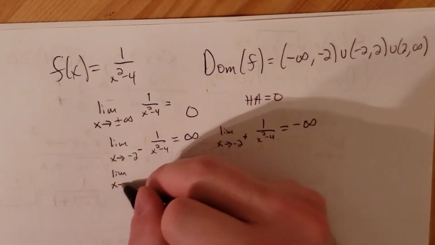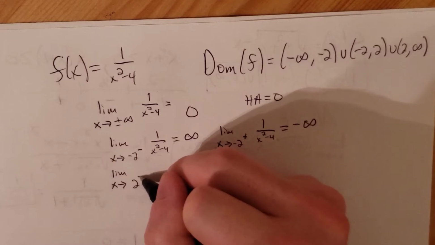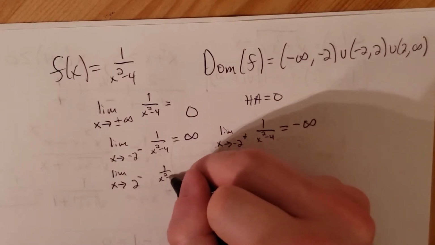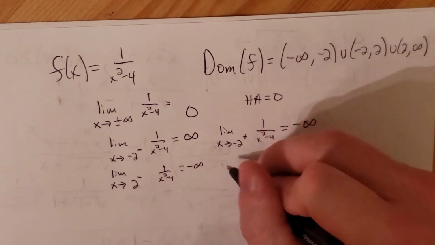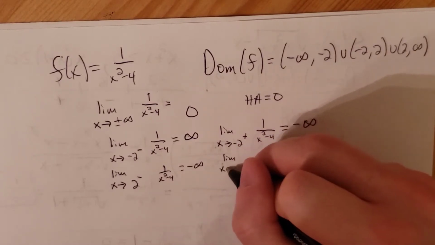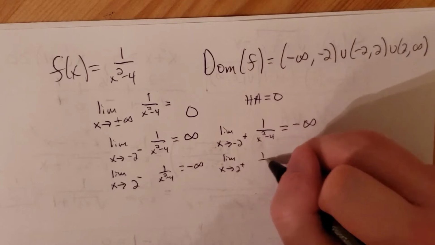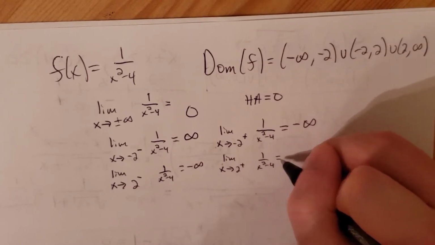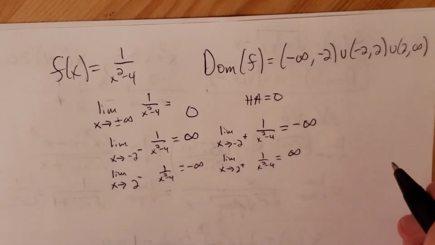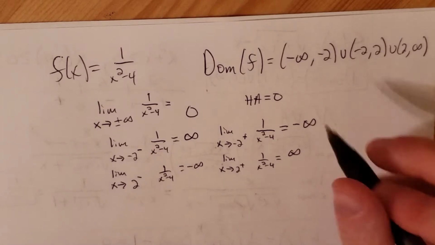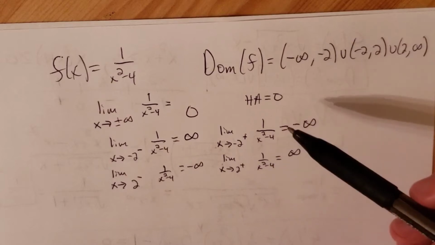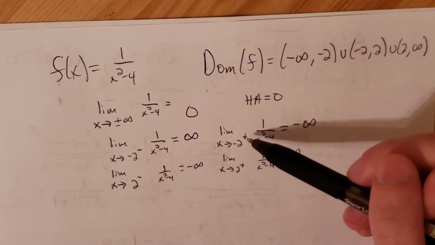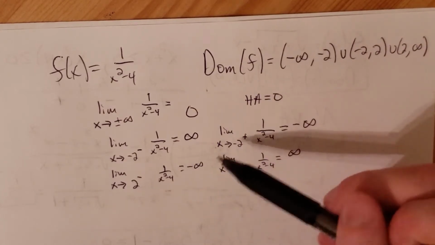We can have a very similar argument for approaching +2 from the left, in which case we're going to get negative infinity, and the limit as x approaches +2 from the right is going to be positive infinity. And so this gives us vertical asymptotes at -2 and +2, and moreover tells us the behavior as we approach those values from each side.